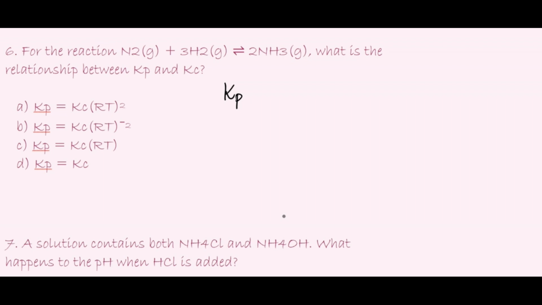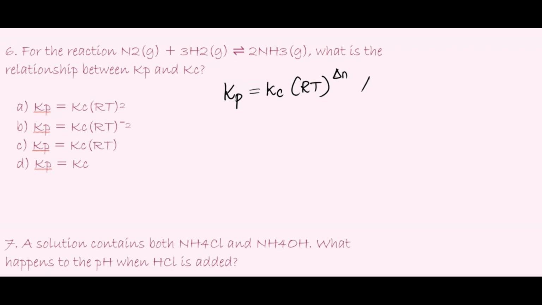Kp, we talked about that, is in case of partial pressures, and Kc is in terms of concentration. So the relationship between Kc and Kp for any reaction is that Kp is equal to Kc into RT to the power delta Ng.